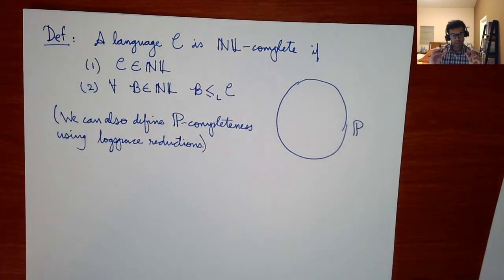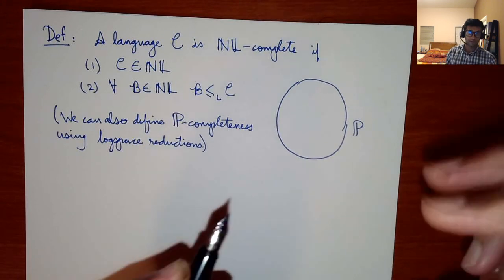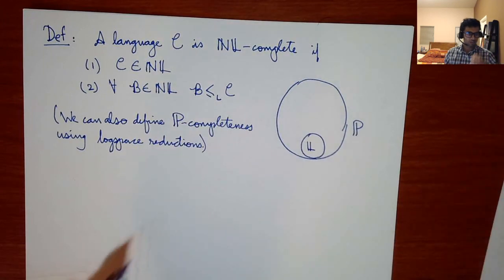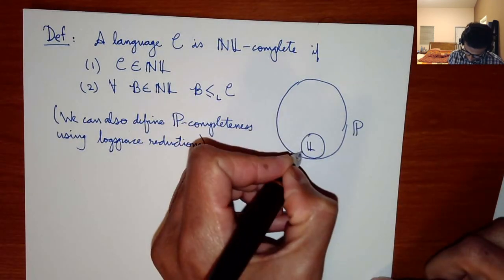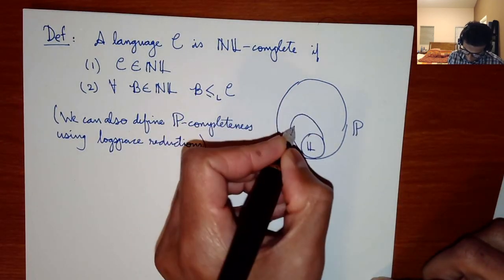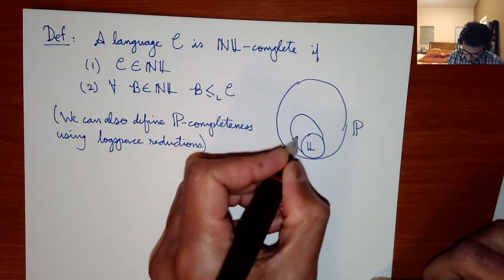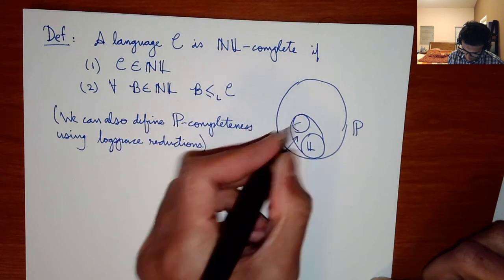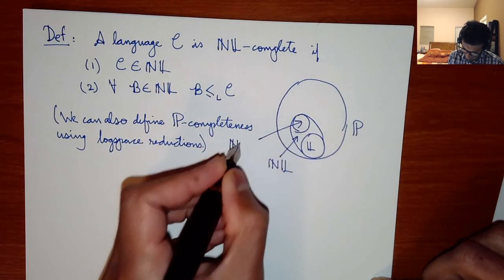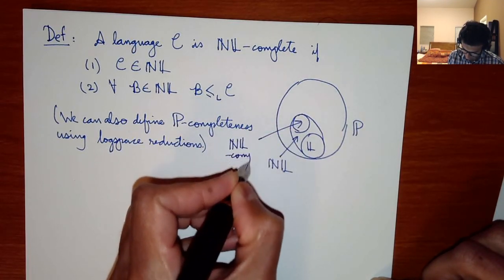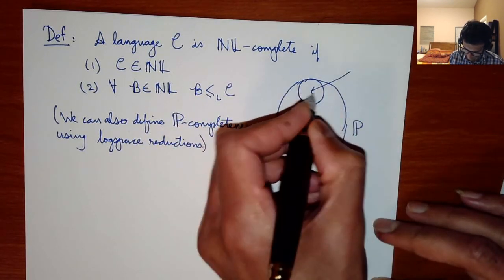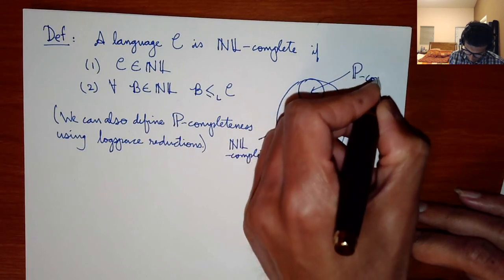So log space gives you the lens to view what is going on within P. So here is L, which is in some sense the smallest language we look at. And then you have NL, and here you have NL-complete. And then over here, you would have P-complete.